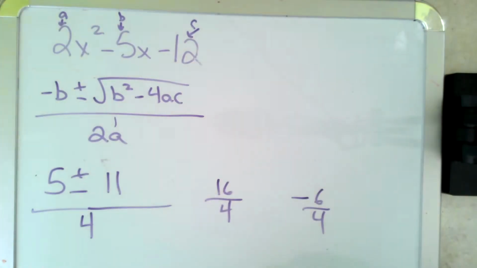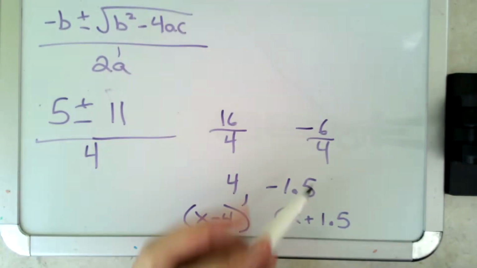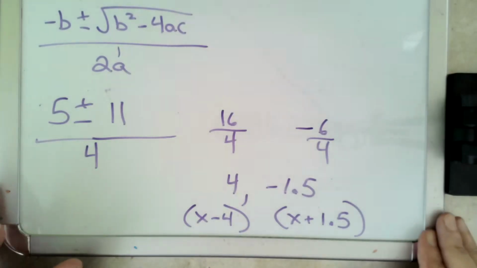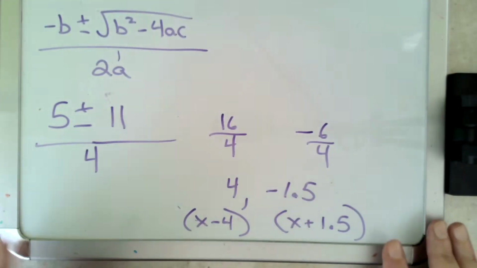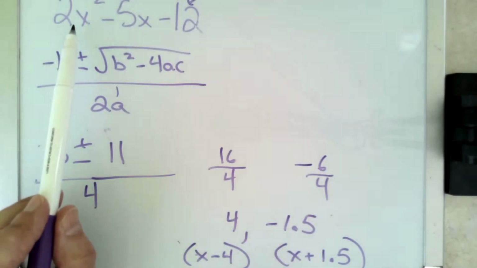This answer gets you your roots, and then from there, you have to work backward to find your factors. So your factors in this case would be x minus 4 and x plus 1.5, but something's wrong because you know that those two things don't multiply to a 2x squared up top.